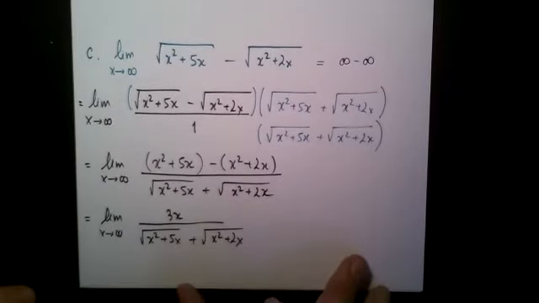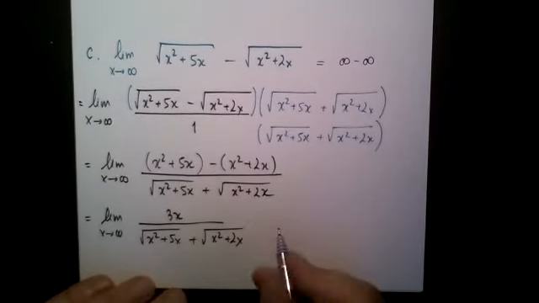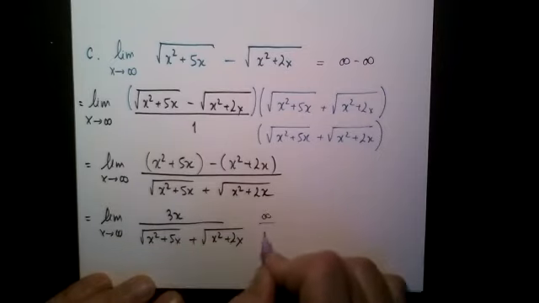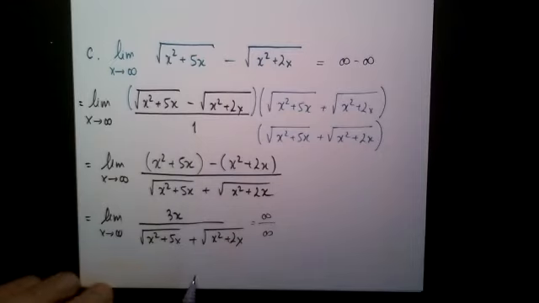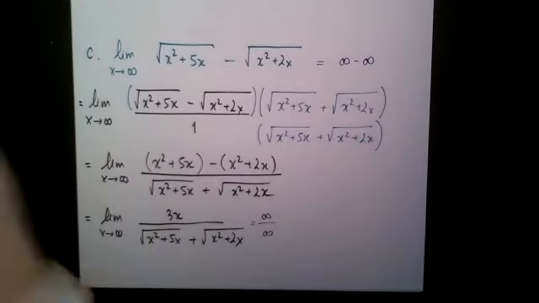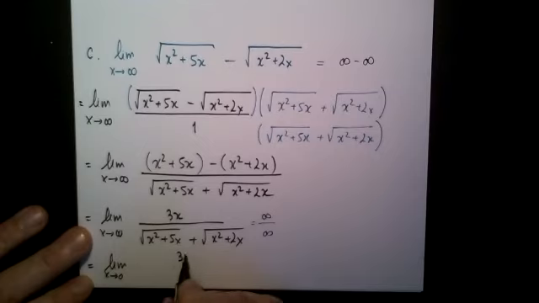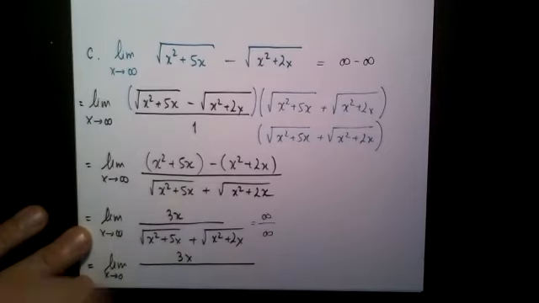Now you can factor out an x out of the root and you can cancel the x's. Perfect. If I plug in infinity here, I get infinity over infinity. So theoretically, I could even do L'Hopital's rule here if I wanted. It's just that nobody wants to derive a square root. It's annoying. So like you said, it's wiser to pull out an x from the denominator. 3x, and on the bottom I pull out an x from everything.